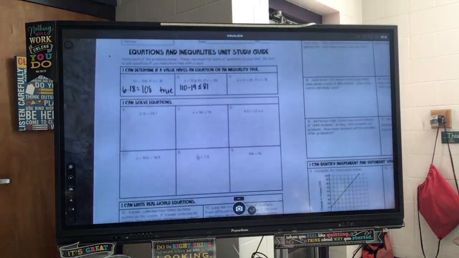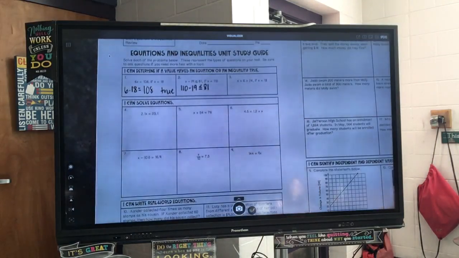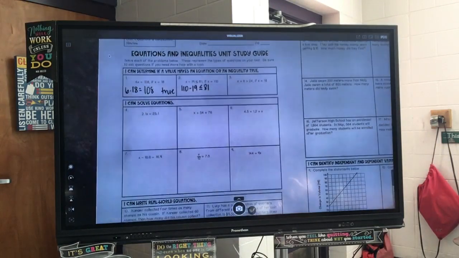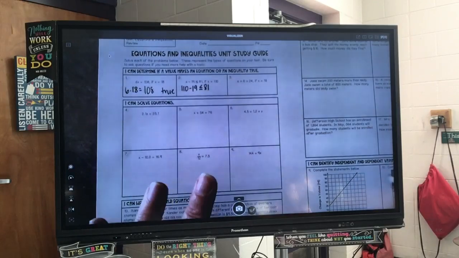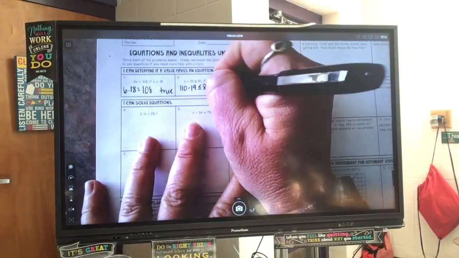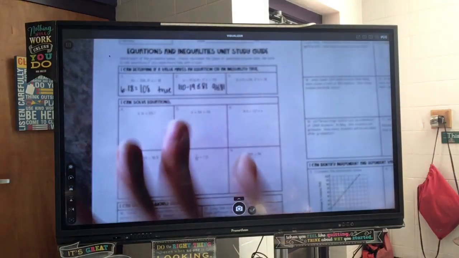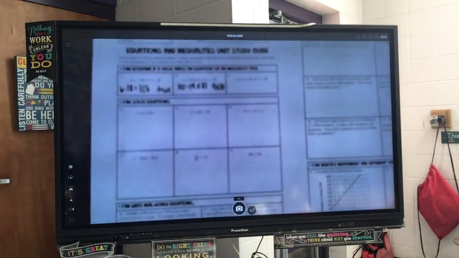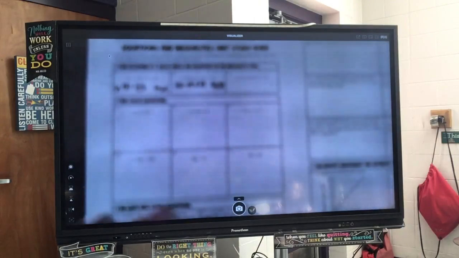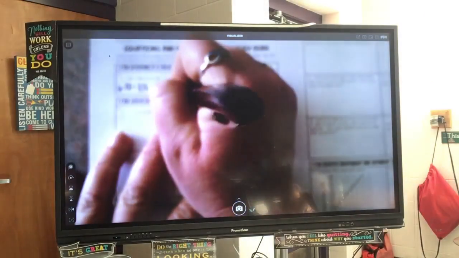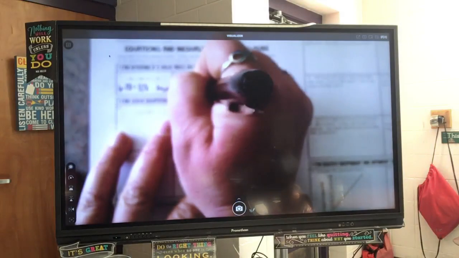Well, what is 110 minus 19? Delilah. 91? So we're saying 91 is less than or equal to 81. Is that true? No. So we're just gonna write not true right there.